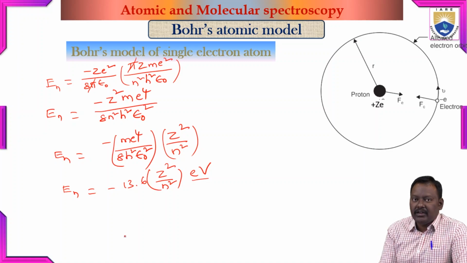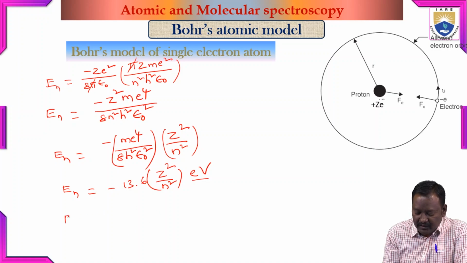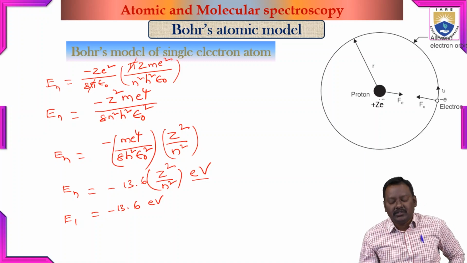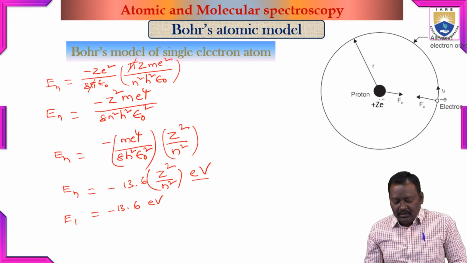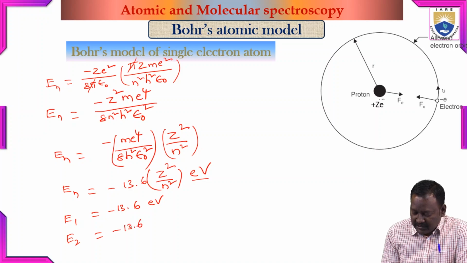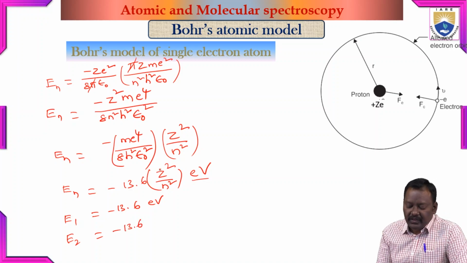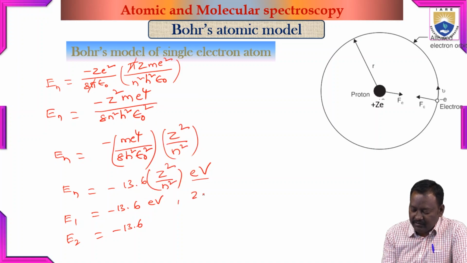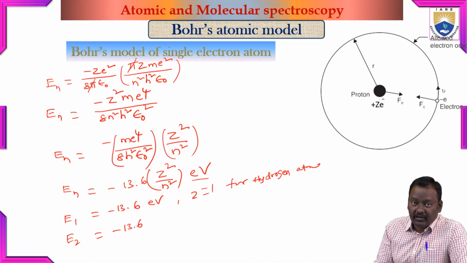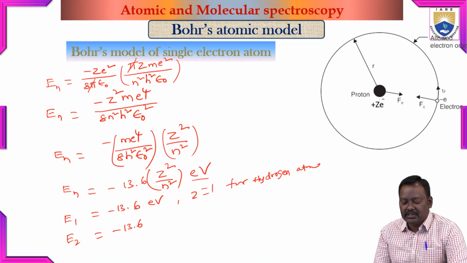For the hydrogen atom, Z is equal to 1. In the case of the hydrogen atom, the energy of the electron in the first orbit is given by minus 13.6 electron volt.